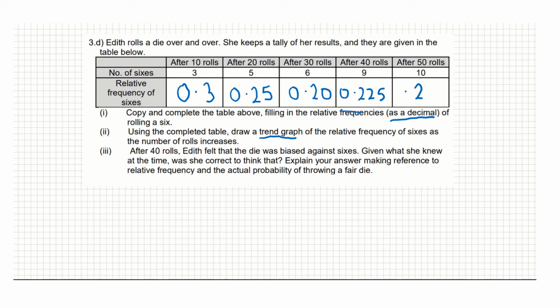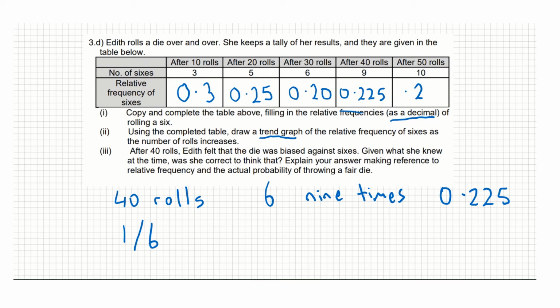Okay, after 40 rolls, Edith felt that the dice was biased against sixes, given what she knew at the time. So 40 rolls, she got the number 6, I'm going to write it, 9 times, which was a decimal of 0.225. Now I want you to consider the chances of getting a 6 are 1 in 6.